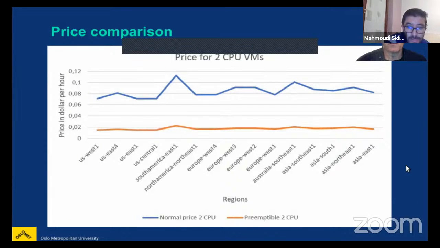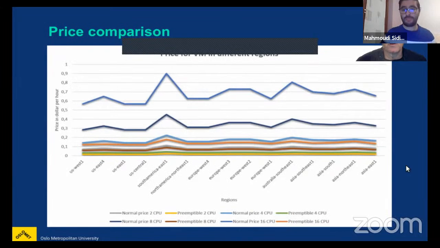This is for 2 CPU VMs. We also did this for the other kinds of VMs, and you can see the 16 CPU VMs naturally are the most expensive ones, but not necessarily the cheapest when it comes to how efficient they are.